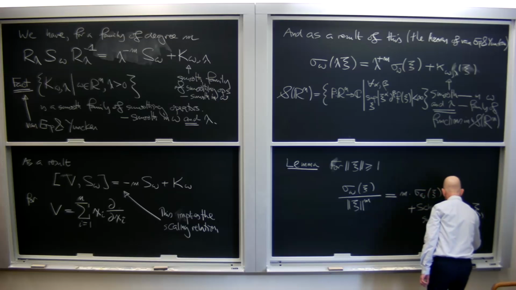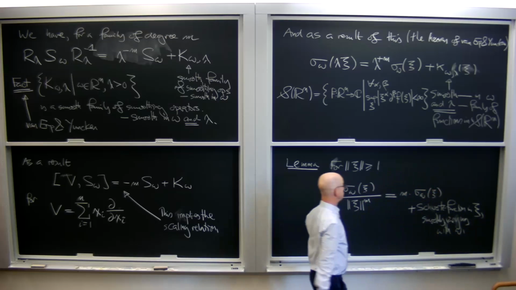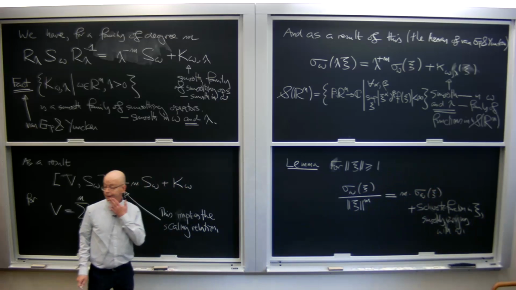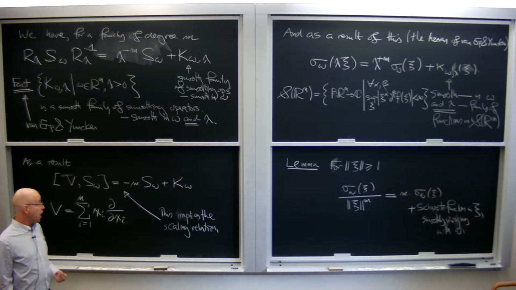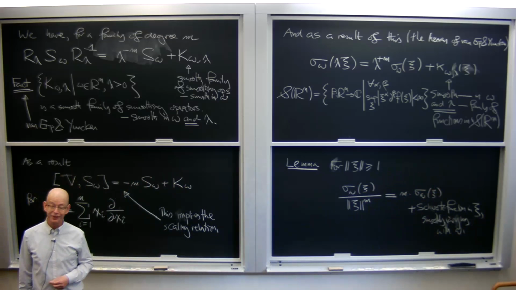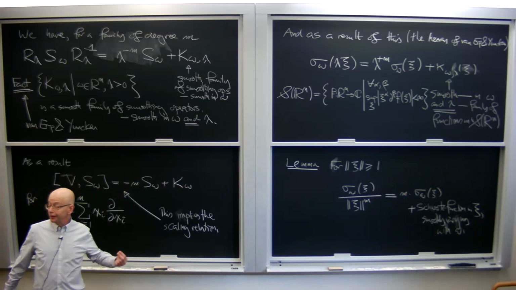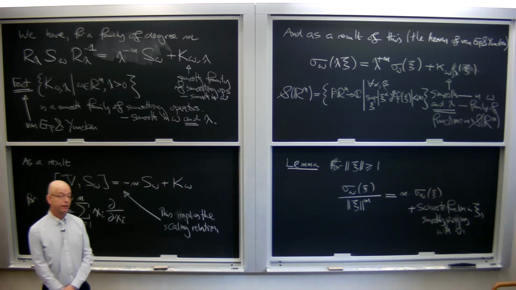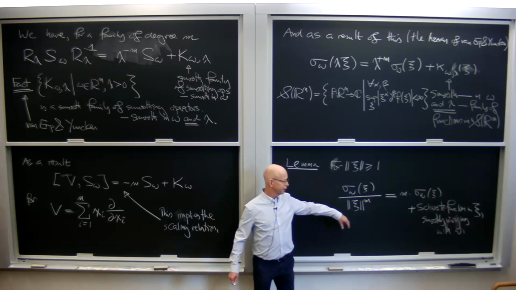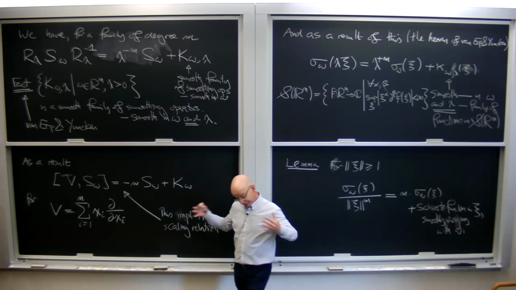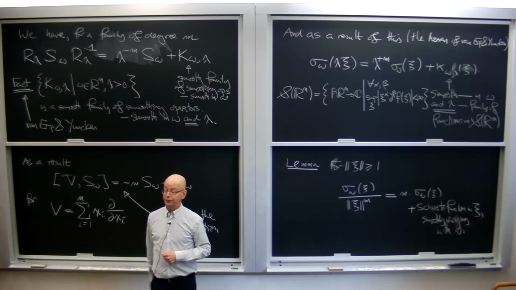I guess I could have given it a name. I didn't. So all of these functions are homogeneous functions with a little bit of an error thrown in, plus a Schwartz function. Because homogeneous functions can have singularities at 0, when I say Schwartz function, I mean the restriction to the complement of a ball of a Schwartz function.